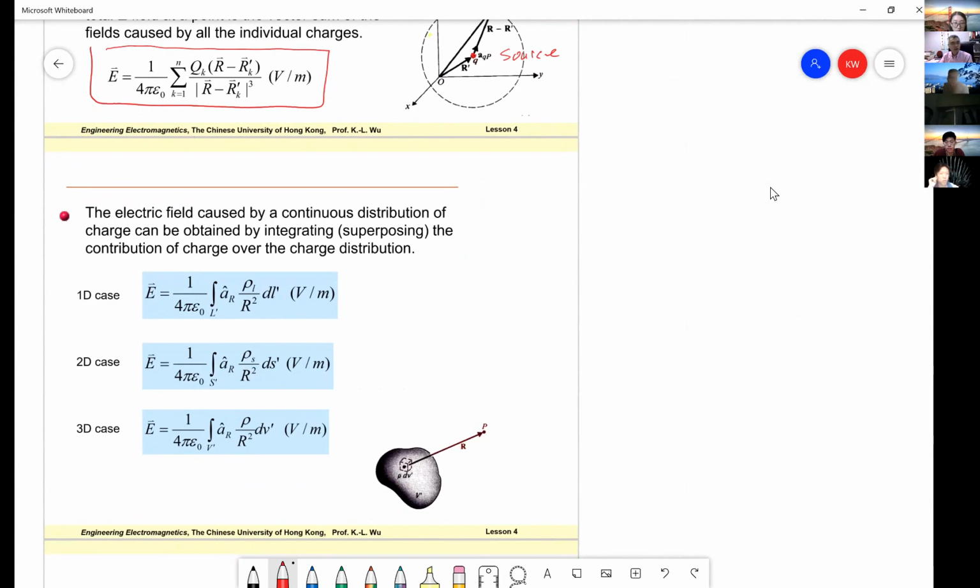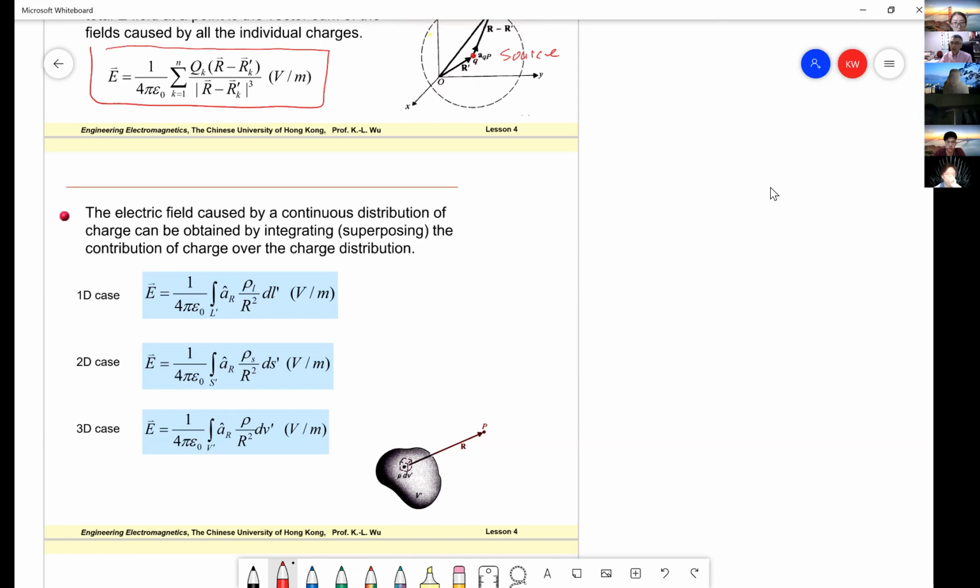Once we understand the expression for a discrete charge system, then we can convert it to the cases where the charge is continuously distributed.